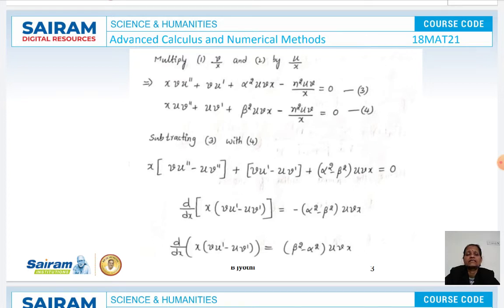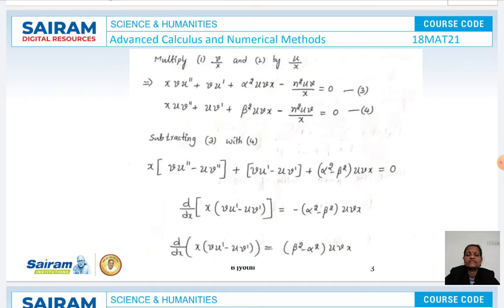Next, x into u v double dash plus u v dash plus beta square uvx minus n square uv by x is equal to 0. Call this equation number 4. Subtracting 3 from 4, we get x times of v u double dash minus u v double dash plus v u dash minus u v dash plus alpha squared minus beta square of uvx is equal to 0.